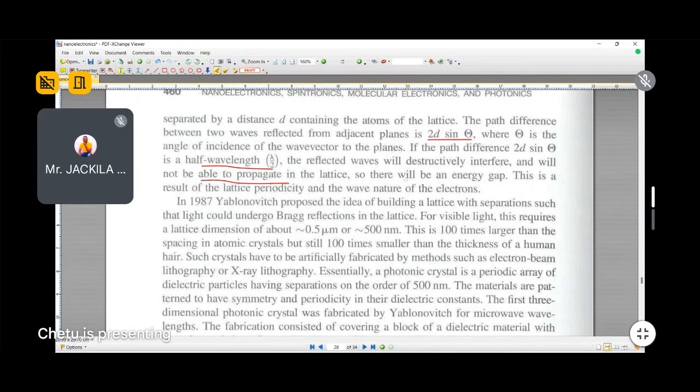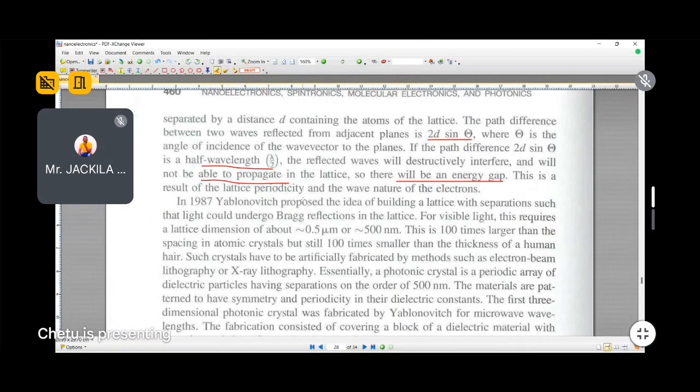What will happen is that this may be a cause of some energy gap. For certain waves, the atomic distance acts like a half-wavelength distance, and because of the destructive interference pattern, the wave energy does not propagate in the lattice, and therefore it gives rise to the band gap.